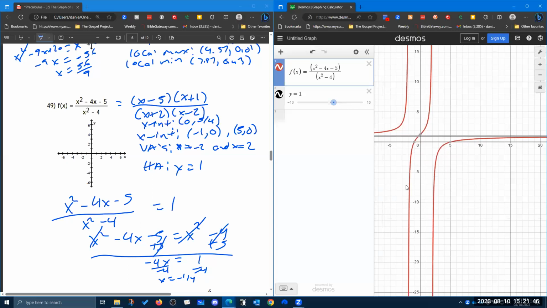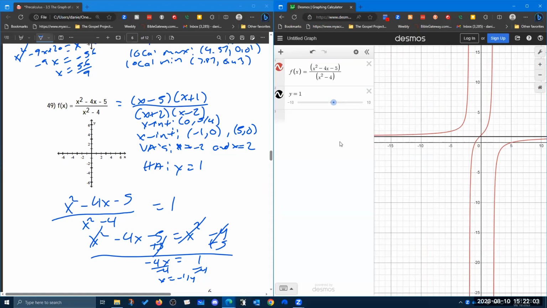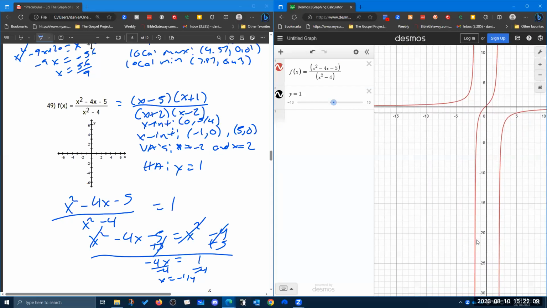So you should be able to draw your vertical asymptotes, your horizontal asymptote. You should be able to draw this place where it intersects. You should be able to show that it approaches the asymptote from below as I'm over on the right, and from above as I'm over on the left, and that it's approaching this vertical asymptote here as I'm coming at -2 from the right, that I'm approaching a negative infinity, as I'm approaching it from the left, I'm going to positive infinity.